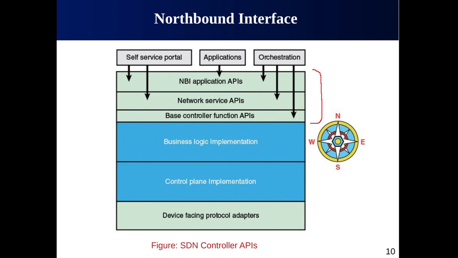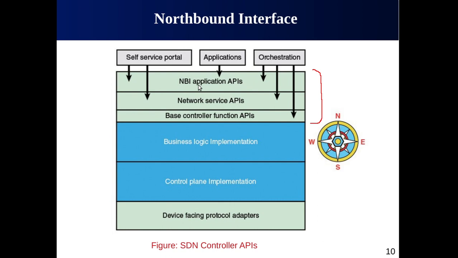These APIs are normally used by developers to create network services. The second one is network service APIs. These APIs expose the network services to the north.